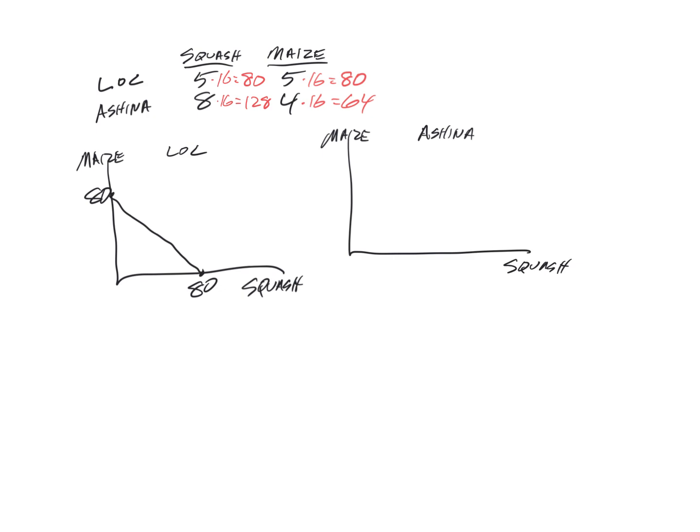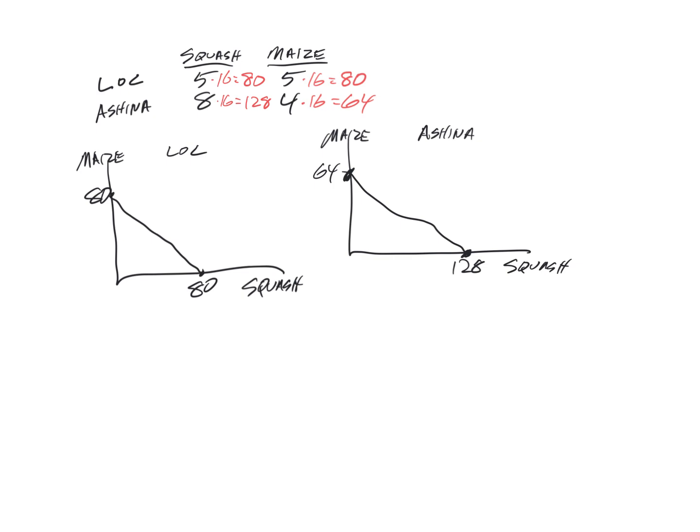And Ashina can do 128 squash or 64 maize. Okay, so there's 64 maize and 128 squash. Okay, there's Ashina's production possibilities.